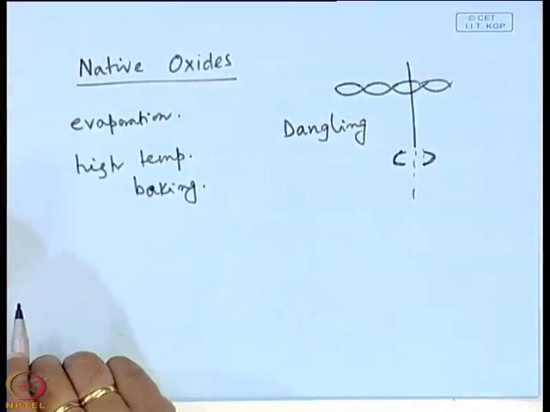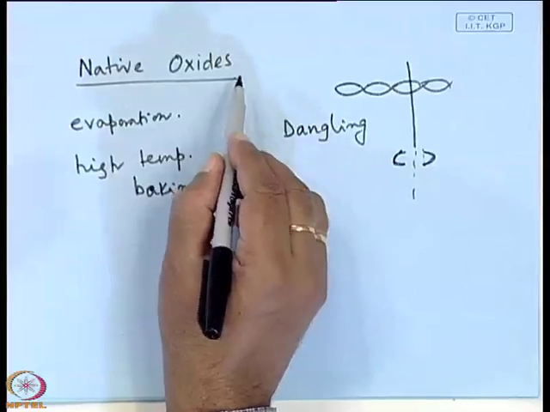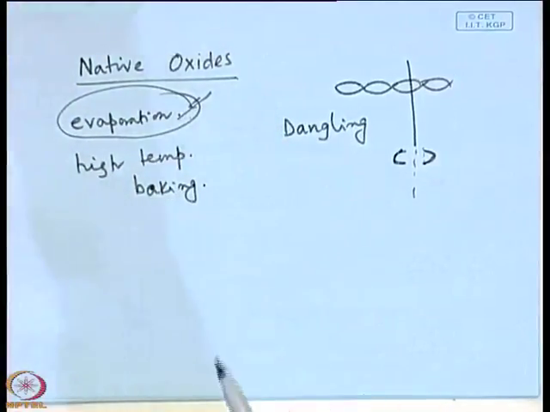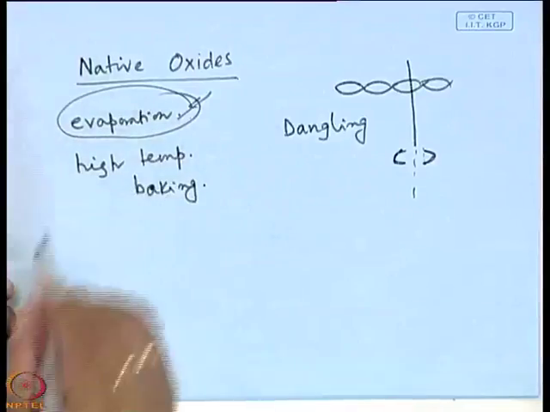One is high temperature baking, so that the native oxides or the other things can be evaporated. It is by the method of evaporation. If you bake it, it will evaporate, and ultra high vacuum pressure is there. So, as soon as it is evaporated, it will go away. So, one is the high temperature baking.